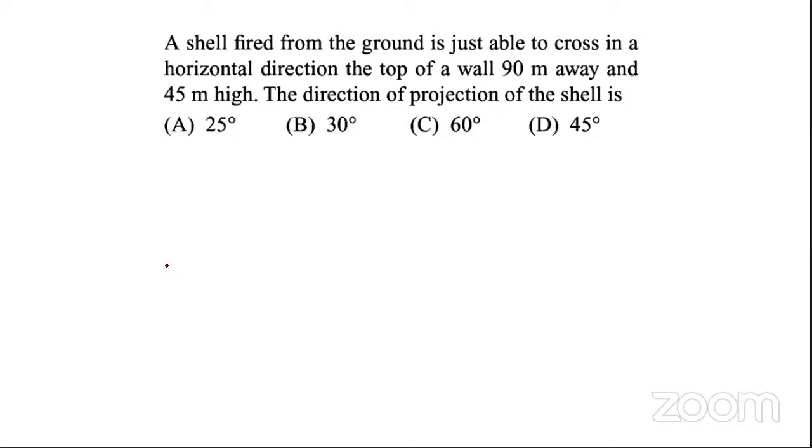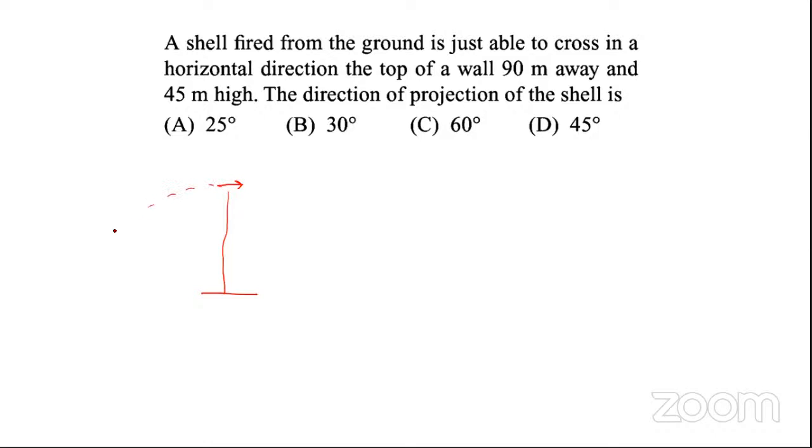See what's happening in this question is a shell fired from the ground is just able to cross in a horizontal direction at the top of a wall. So there is a wall and the shell just passes in the horizontal direction.